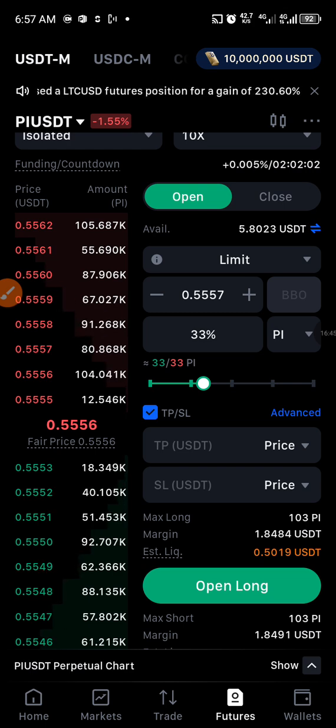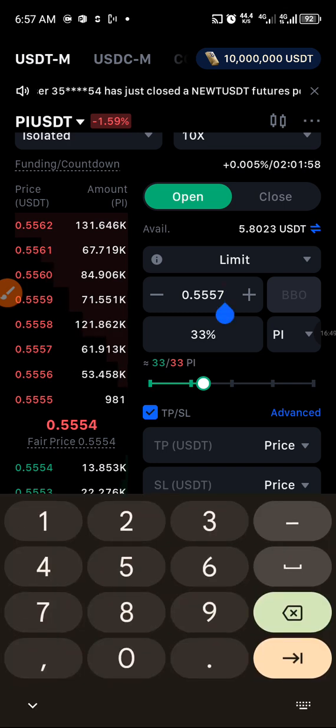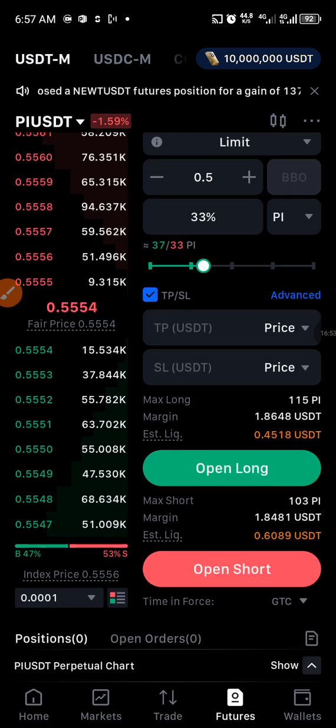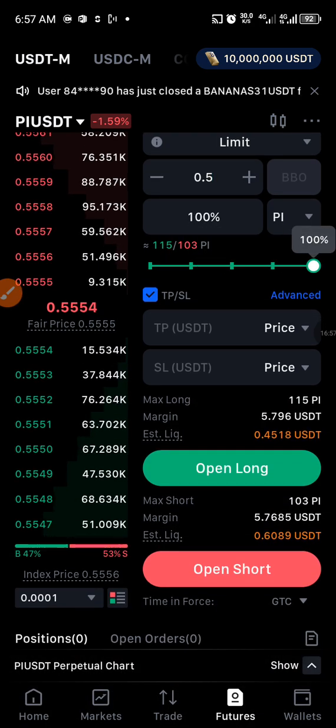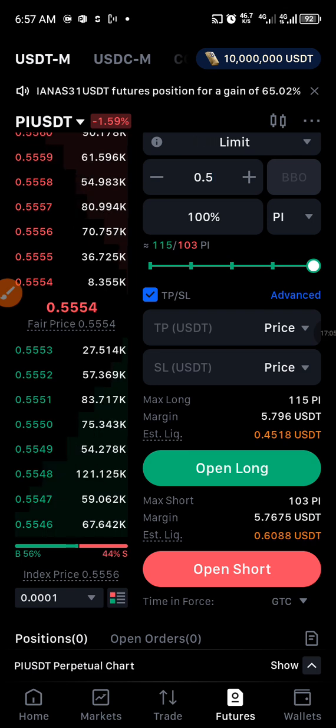Once you have done that, the next thing you do is select the amount you want to use to trade. If you draw it here to use 100%, assuming I want to use the whole 100% I have, you can see it's showing me the margin, that is the amount.